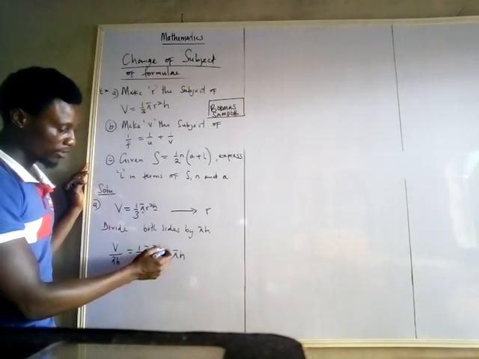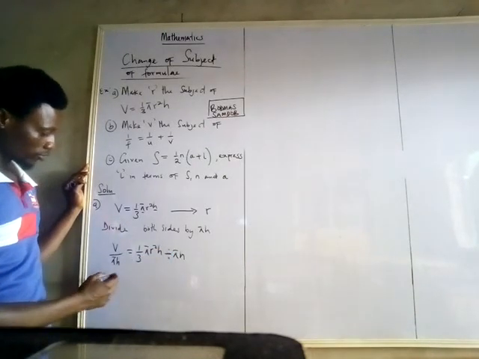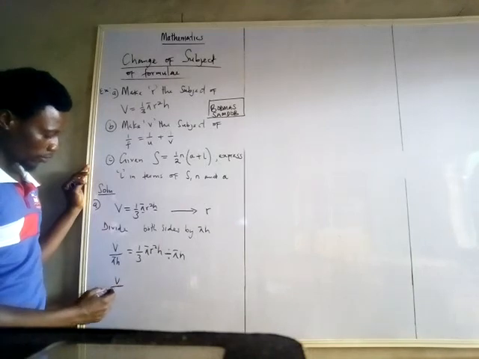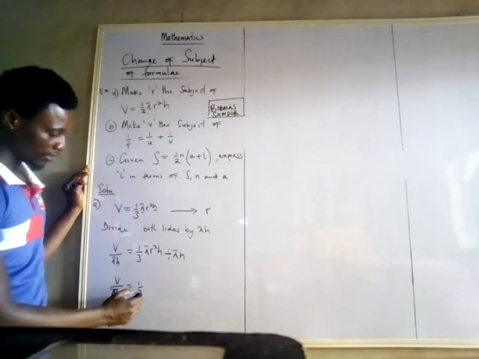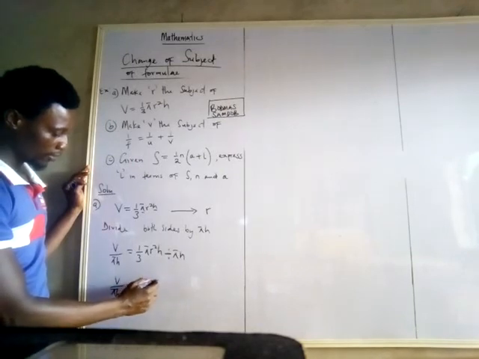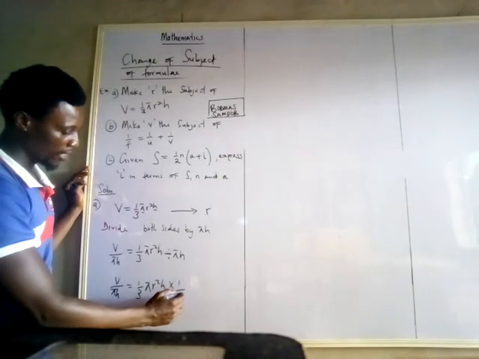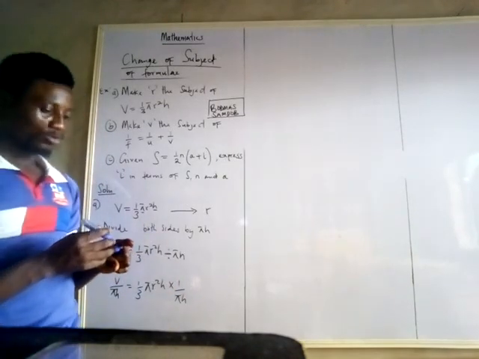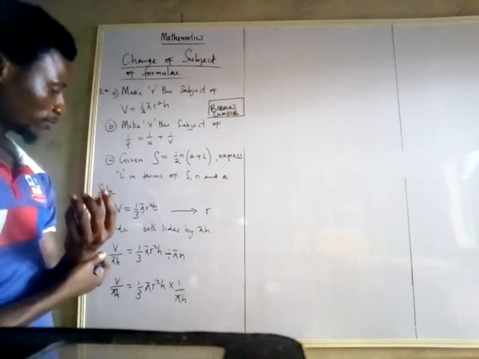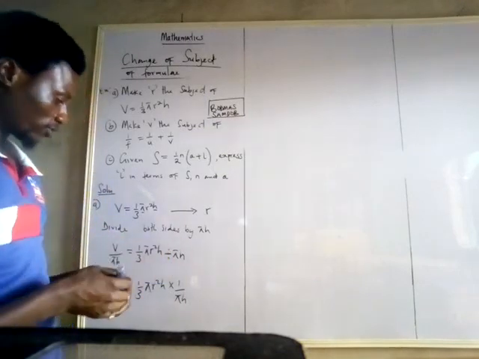Now we can turn this division to multiplication. So we have V over pi h to be equals to 1 over 3 pi R squared h times 1 over pi h. When you want to turn division to multiplication, you take the inverse.